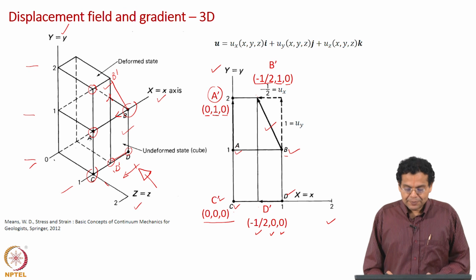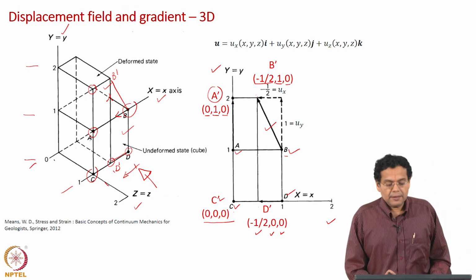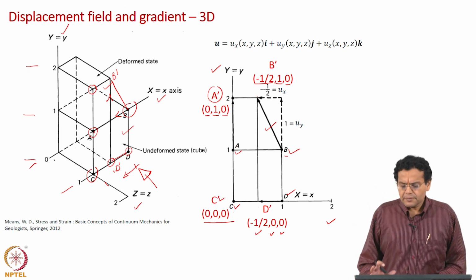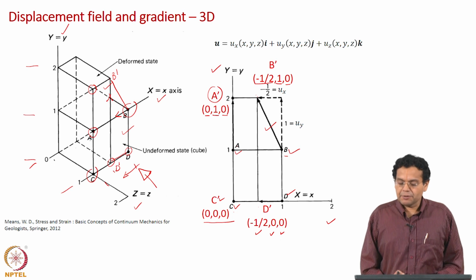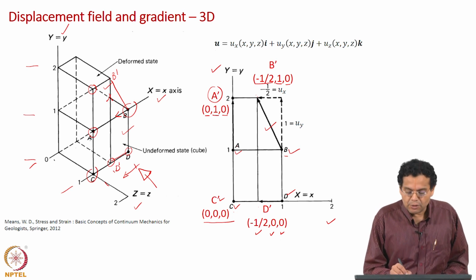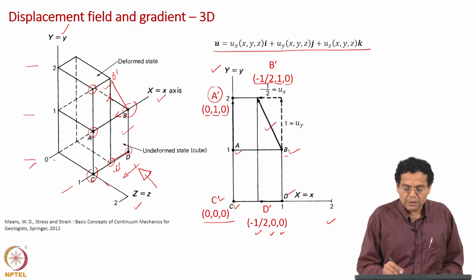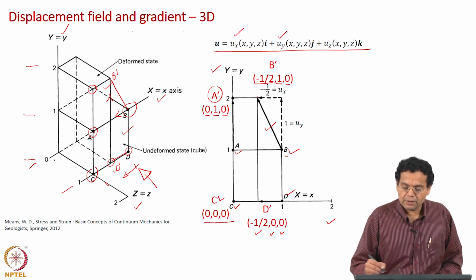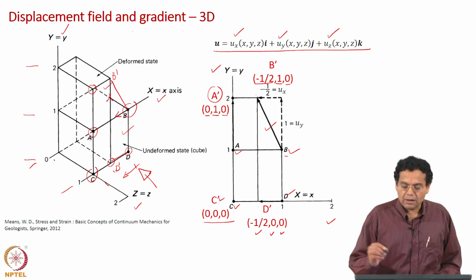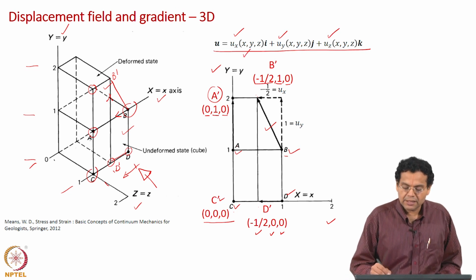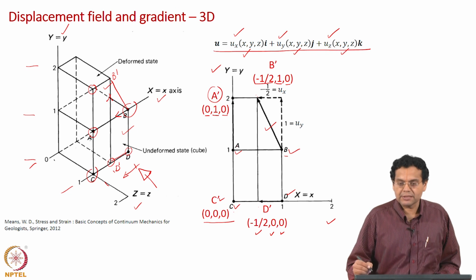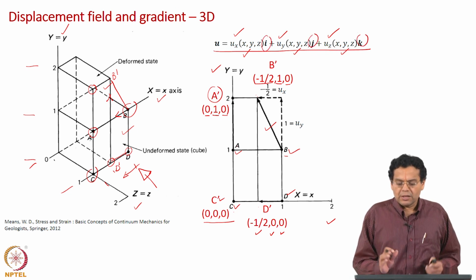Okay. Now, with all this information, we will find out the displacement gradient. Before that, how do we represent the displacement field in the 3 dimensional case? U has an x component, y component, z component, and all of them can be functions of x, y, z, vectorially written with i, j and k.